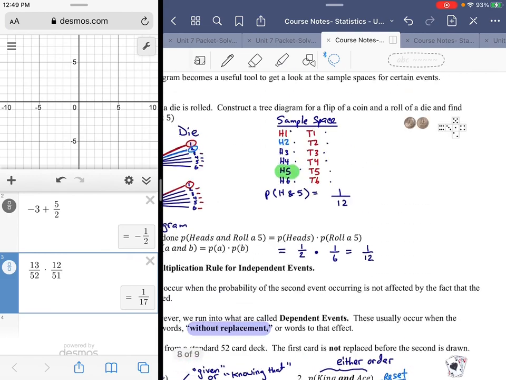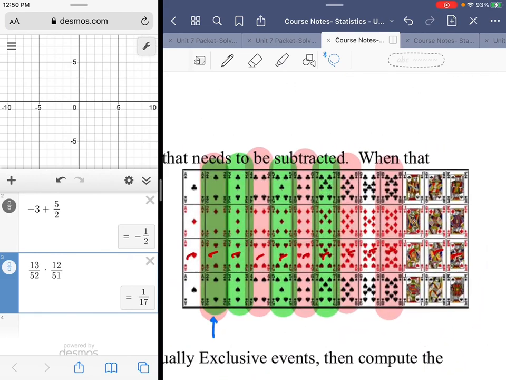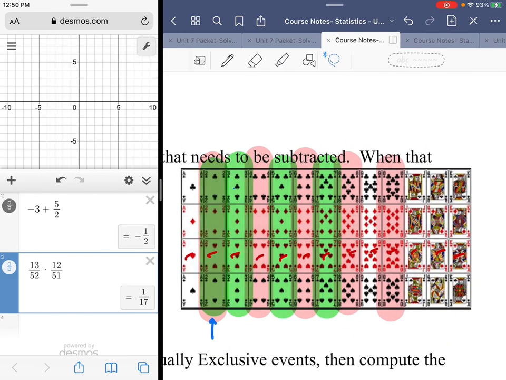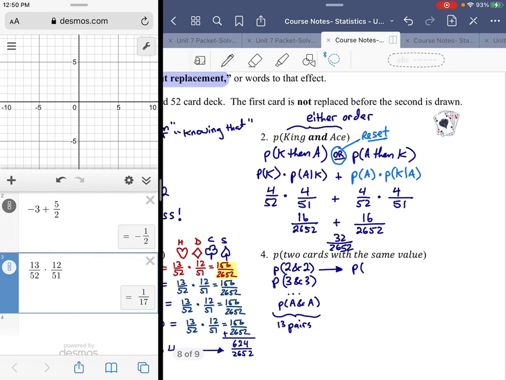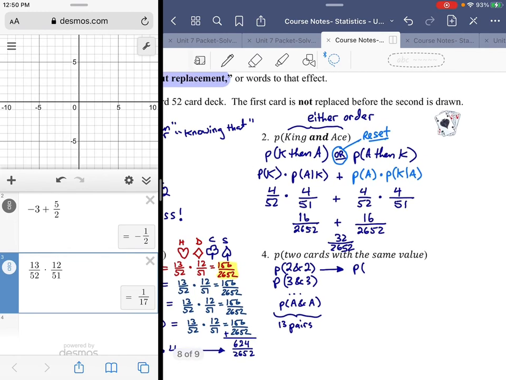How many 2s do I have? 1, 2, 3, 4, 5, 6, 7, 8, 9, 10, 11, 12, 13. The 2 occurs 4 times, 3 occurs 4 times, and so on, but each unique card is represented once. Emphasis on the word unique. So 13 pairs is what I'd be looking for.